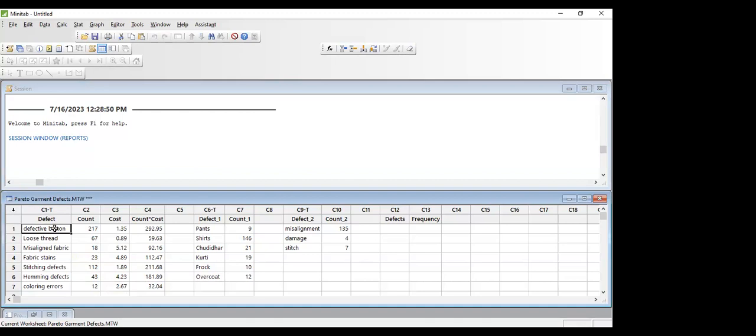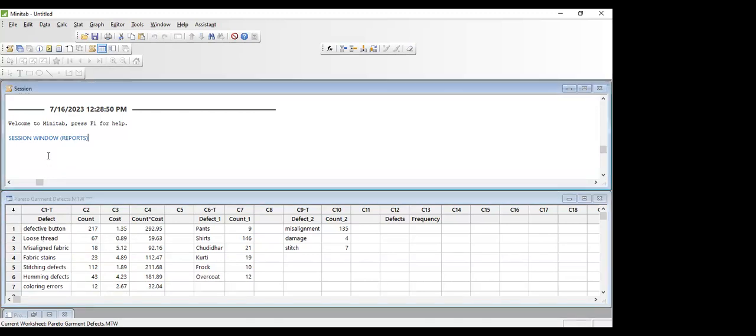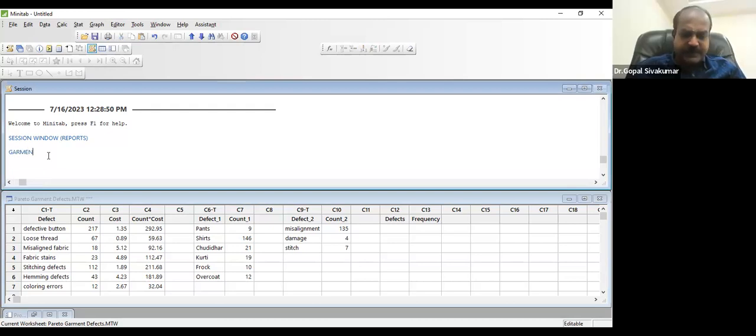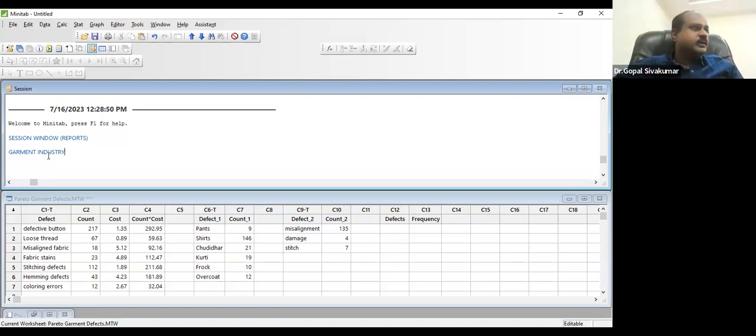What industry is this? Textile, garments. Very good. It is a garment industry. So a similar type of listing of problems is possible for you also in your company. You can replace all of this with your type of defects.